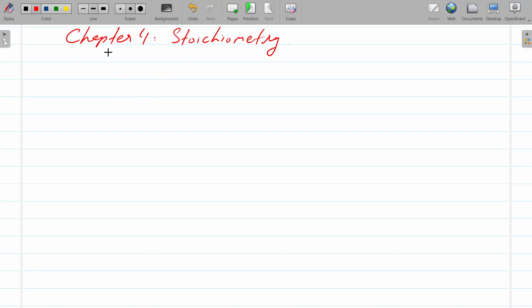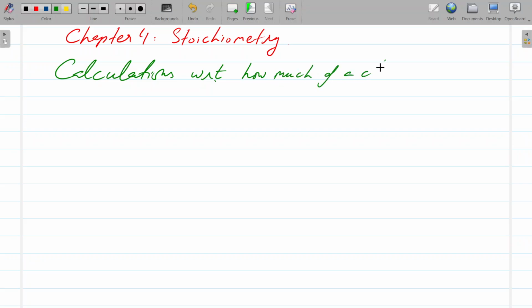And this is basically a chapter about calculations with regard to, so WRT is with regard to, how much of a chemical, and I say chemical, so it could be an element, a compound, molecule, ion, whatever, how much of a chemical is present or takes part in a reaction.